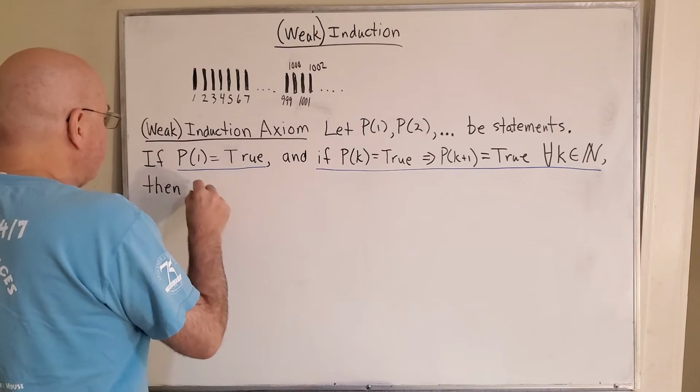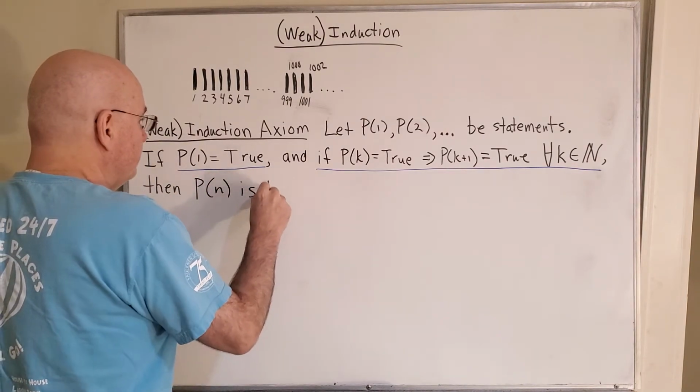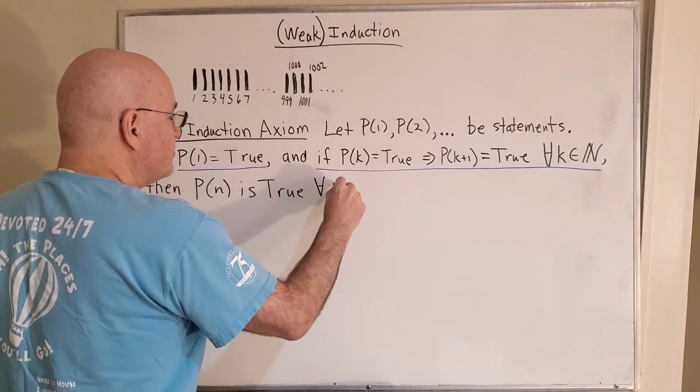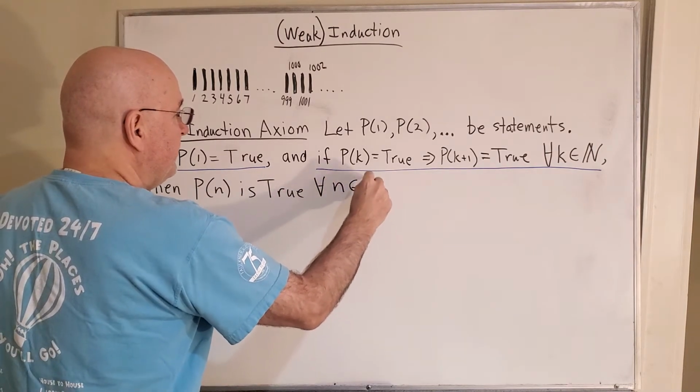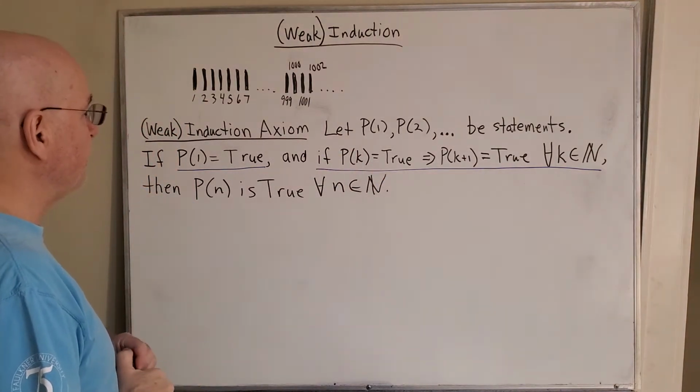We can say that P of n is true for all natural numbers n. We can say that every single one of them is true.